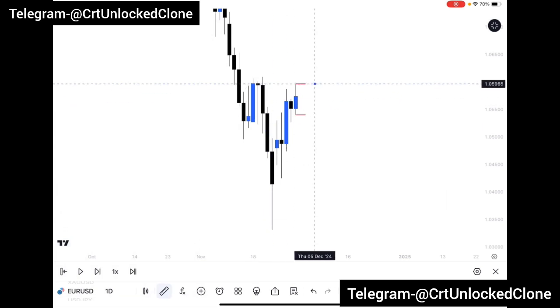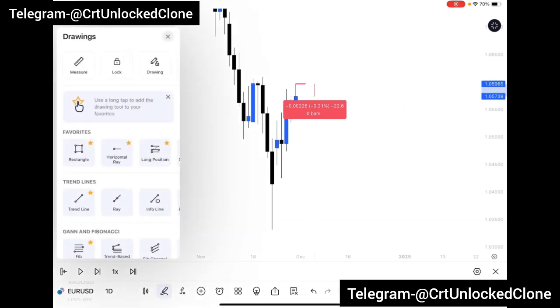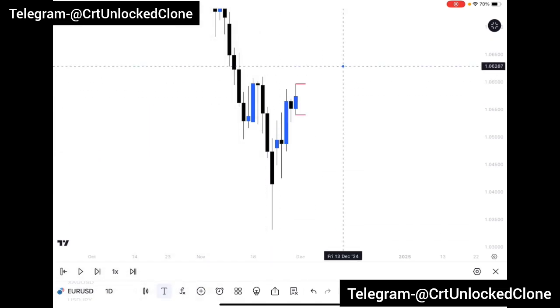Measure the wick. The top wick of this candle is 0.21. I will write it in, guys.